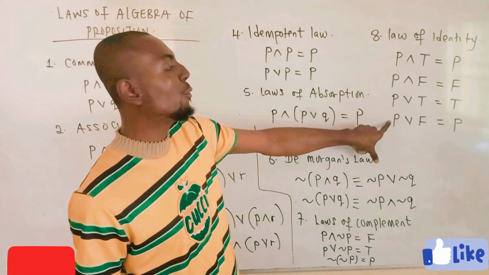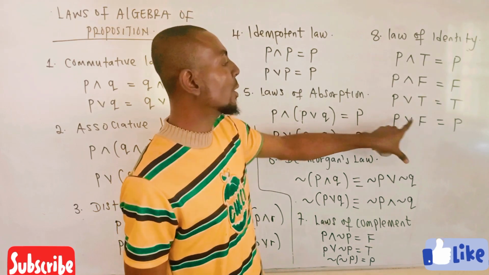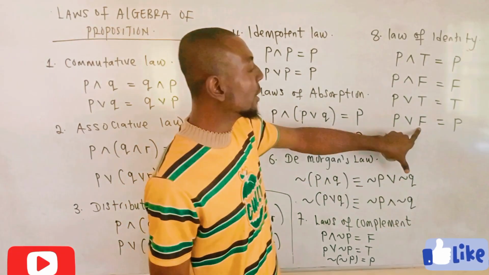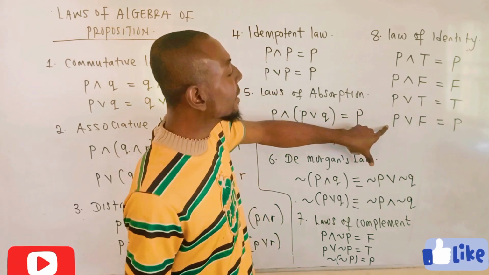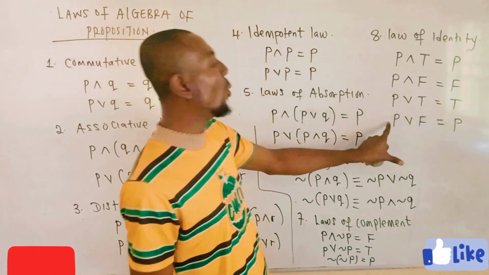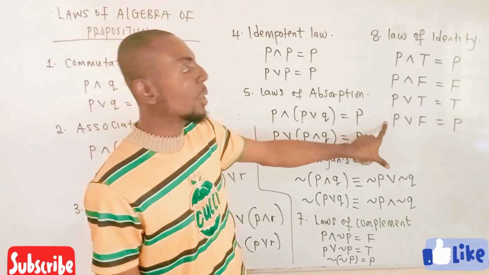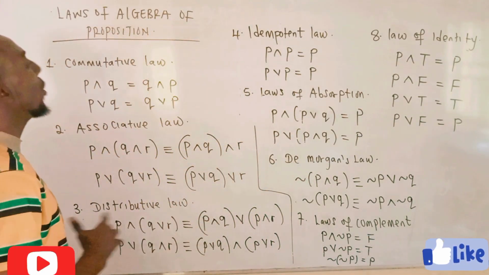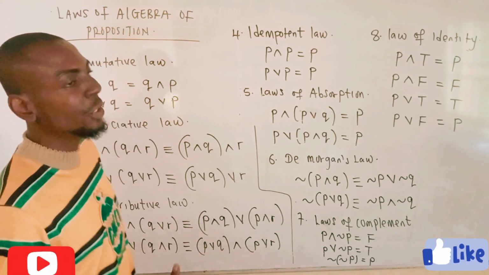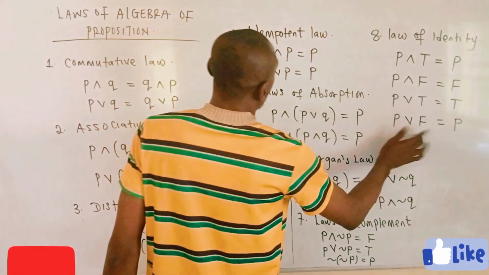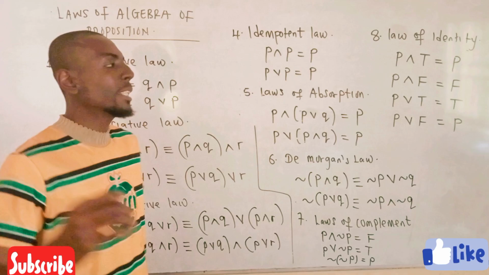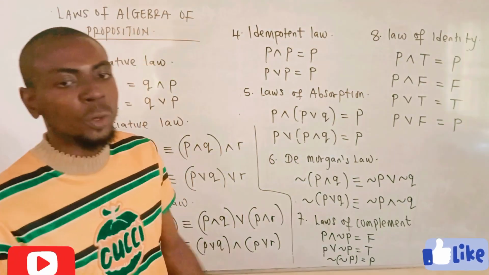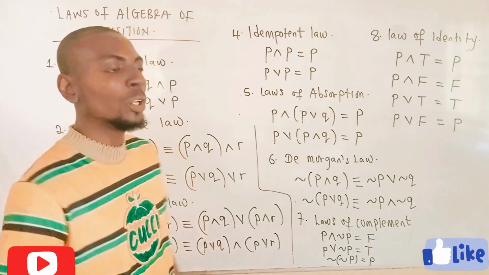But if P is false, false or false becomes false, which is P. So P or false is equal to P, meaning the answer depends on what P is. Okay? Alright, so these are the 8 laws of algebra of what? Proposition. So this law number 8, we can still use to establish some other terms, which I will explain now. Watch out.